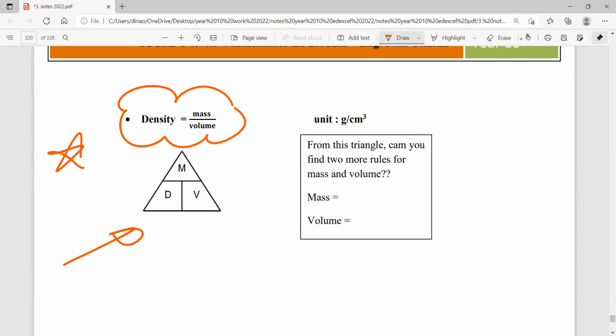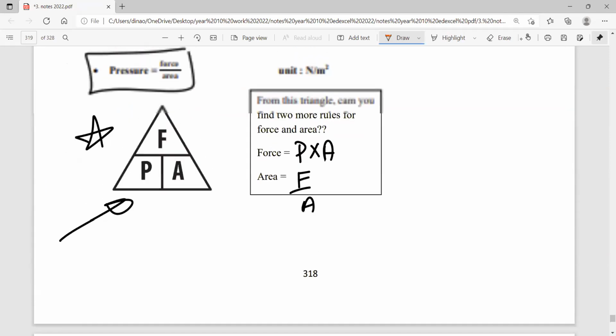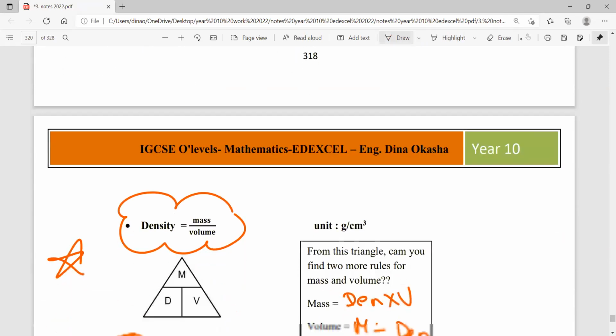As I said, whether you were in pre-IG or in the national system, you are familiar with these rules. Density is mass over volume. So, mass is density multiplied by volume, and the volume is mass divided by the density. So these are the rules that you actually need.